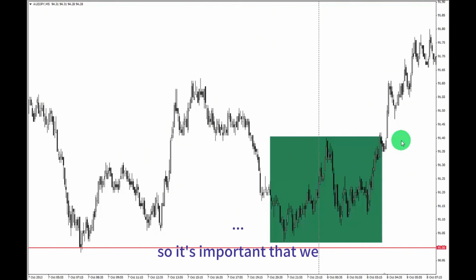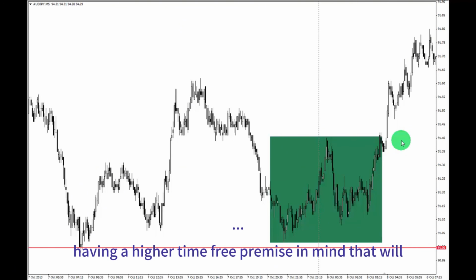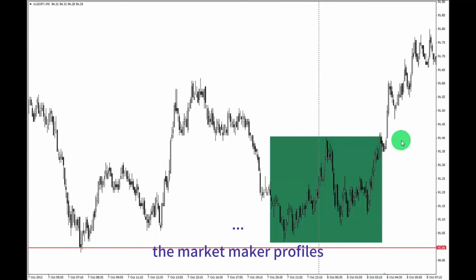So it's important that we bring it back to the nature of seeing an anticipated resistance or support level, having a higher time frame premise in mind. That will be a barrier for you to not fall victim to the market maker profiles not working out in your favor.